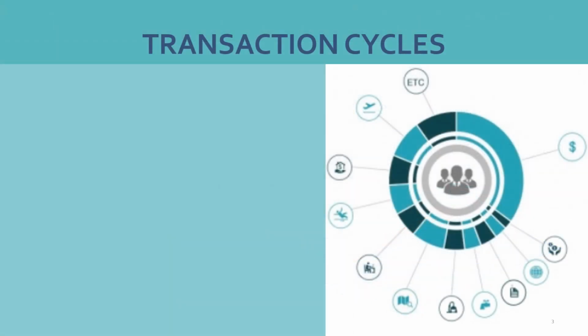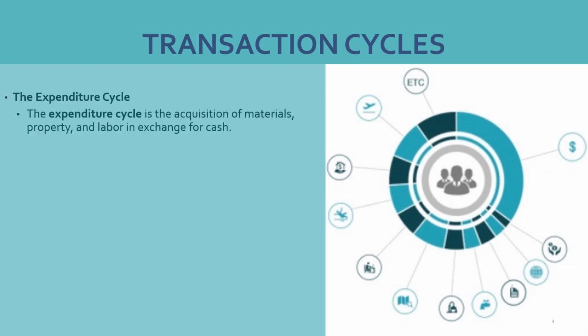Now let's have a look at the types of transaction cycles. We have three main transaction cycles, and there are also some supporting cycles that we will discuss later on. The first main transaction cycle is the expenditure cycle. The expenditure cycle is about expenses and disbursements: buying raw materials from suppliers and vendors, buying properties, equipment, and machines.